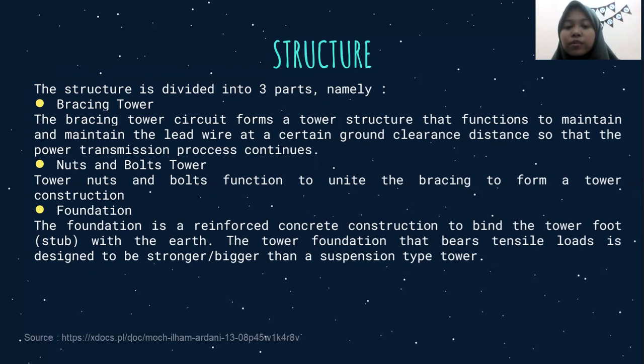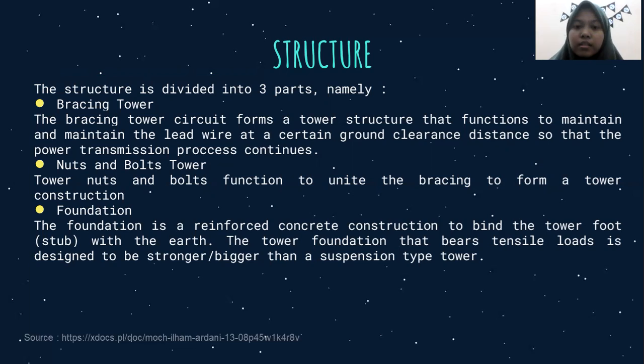The bracing tower is a tower structure that functions to maintain the lead wire at a certain ground clearance distance so that the power transmission process continues. And the nuts and bolts tower functions to unite the bracing to form a tower construction.